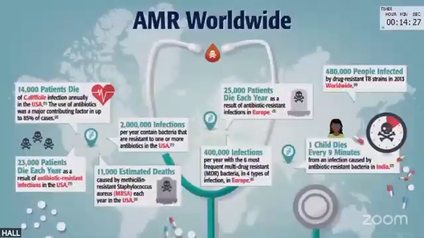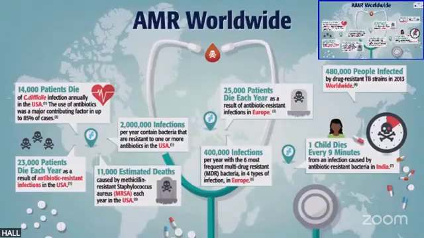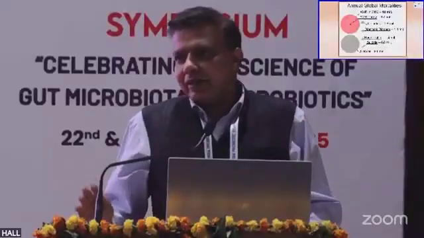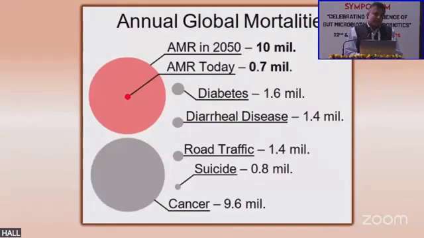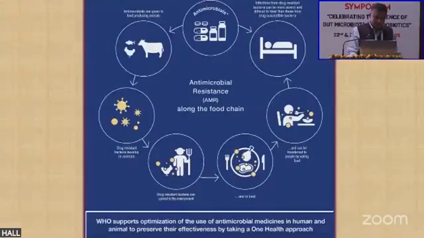So AMR clearly is a problem which is not only for the developing nations but also for the developed world. It's clearly a problem of global concern, one. Secondly, mortality with AMR is rising, and by 2050 it is projected that the mortality through AMR would be maximum compared to any other disease, whether it is cardiovascular or whether it is cancer.